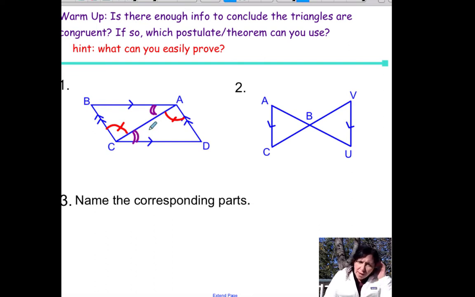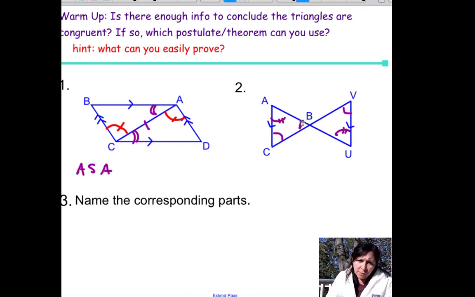We also know that AC is congruent to itself by reflexive property. So yes, the two triangles would be congruent by angle, side, angle. For this one right here, we know that these two lines are parallel, which would mean that this angle is congruent to this angle, and this angle here would be congruent to this angle here.